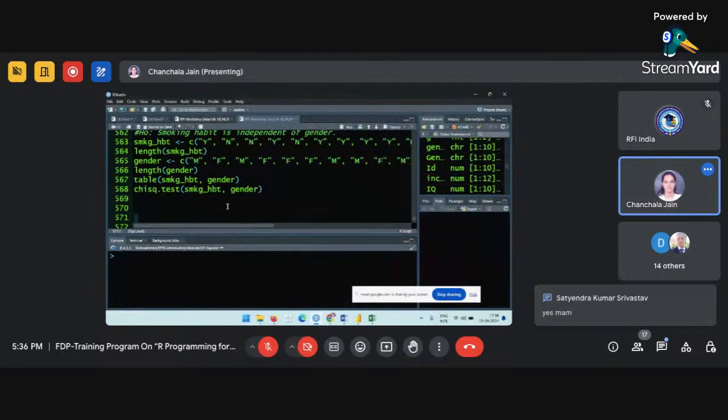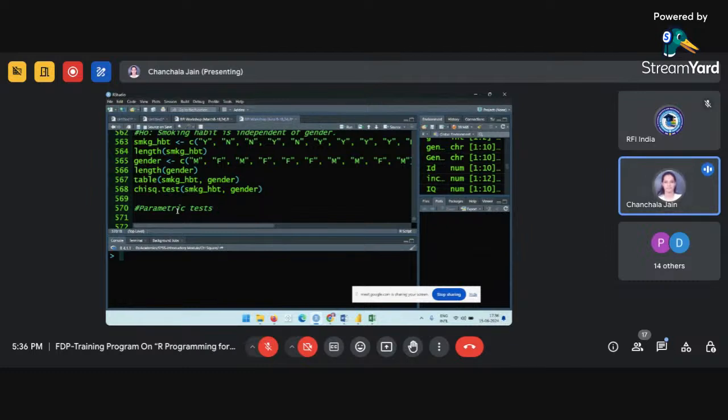Yes. We saw the chi-square test yesterday. Today is the day from where we start with the parametric tests. Firstly, I'll talk about the concept of parametric test, and then I'll discuss the various kinds of tests using R.